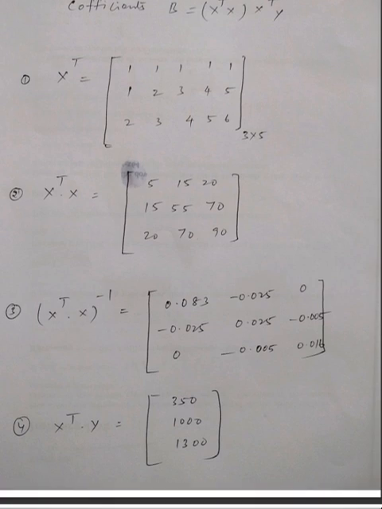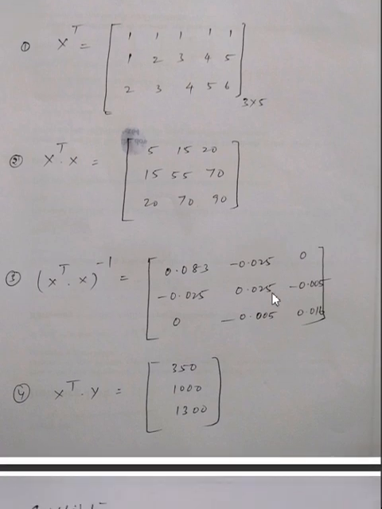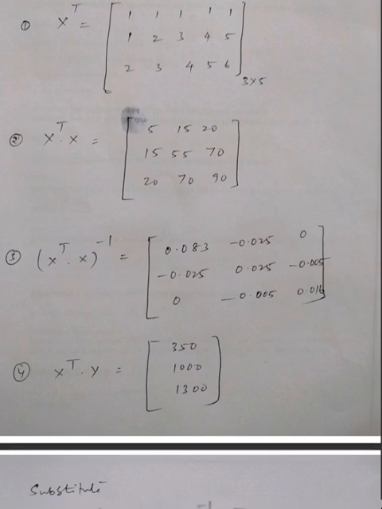Then, minus 0.025, 0, minus 0.025, 0.025, minus 0.005, 0, and 0.05, minus 0.016. After calculating this, we need to multiply X transpose into y. X transpose is available here, and the y matrix is already there from the beginning, so we can calculate.